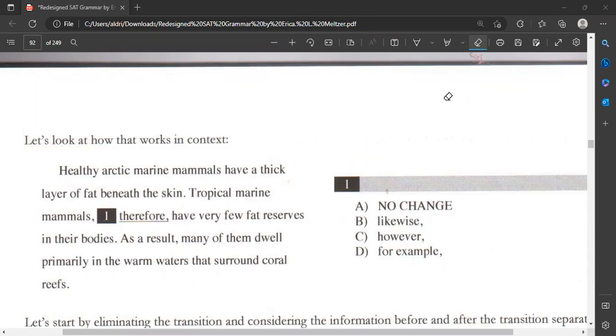First of all, let's start by asking ourselves, what type of transition are we looking for? Are we looking for a cause and effect, a contradictor, or a continuer? Continue. Sorry? Continue? Yes.